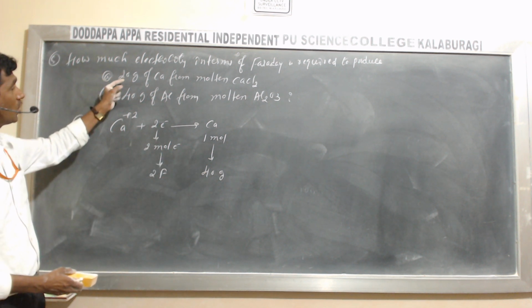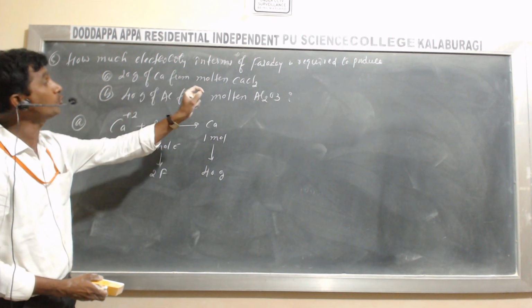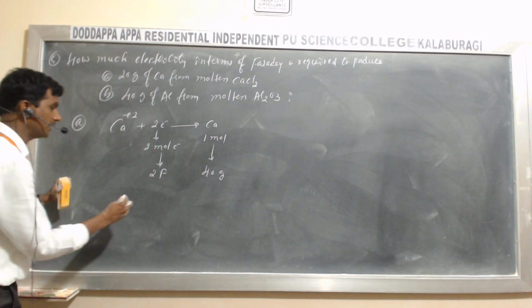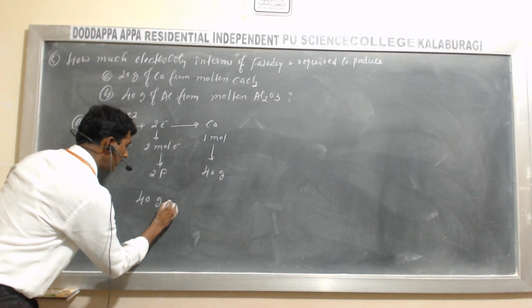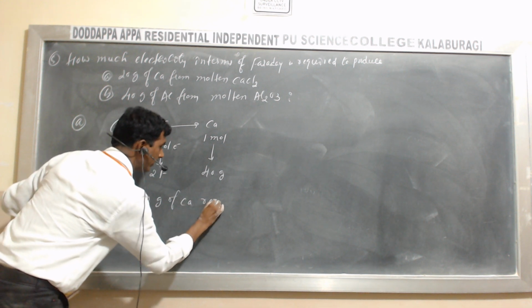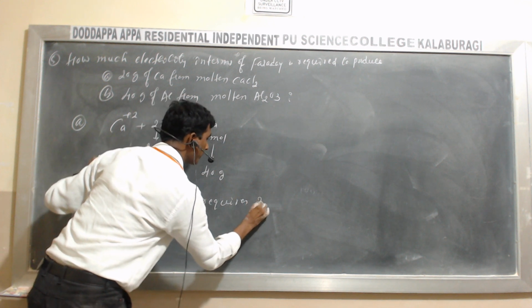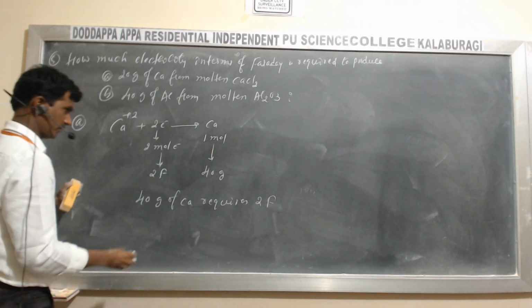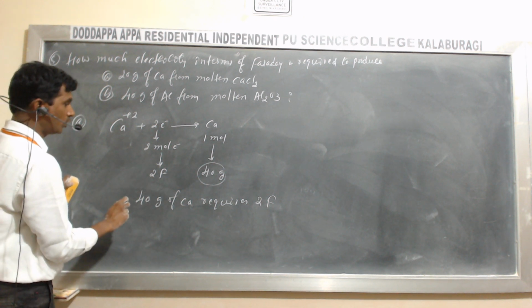Here the question is, how much electricity is required for 20 grams of calcium to deposit? Here 40 grams of calcium requires 2 Faraday for deposition from molten calcium chloride.